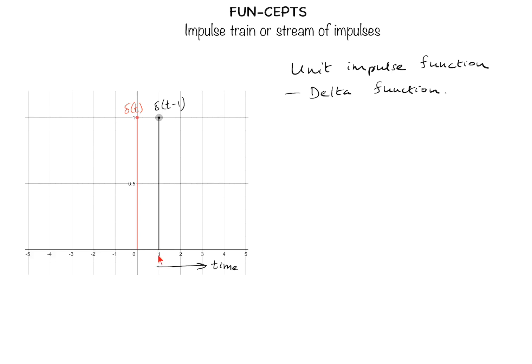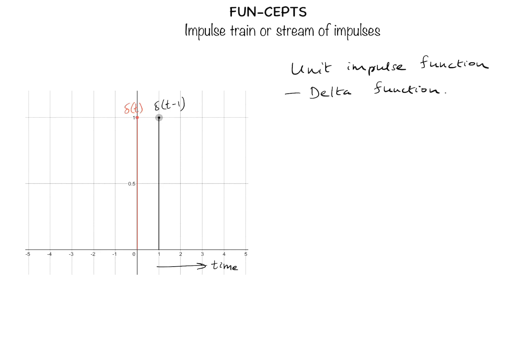Now, in many cases, we may come across a situation where a signal is composed of many such impulses. It's a combination or sum of many such delta functions.